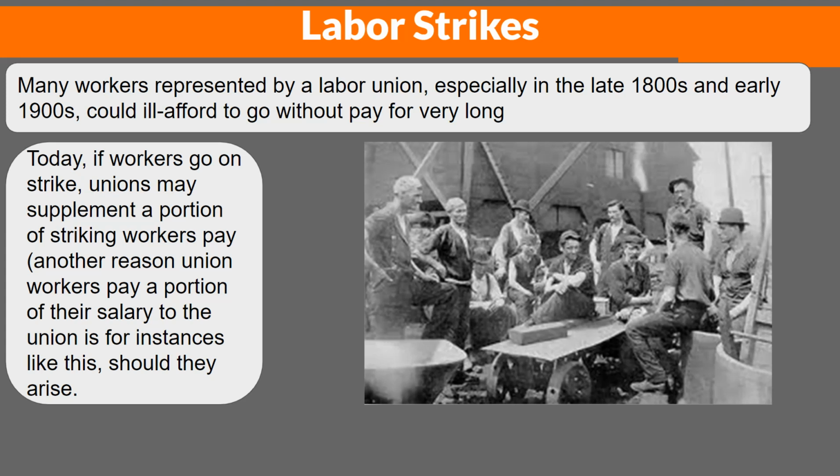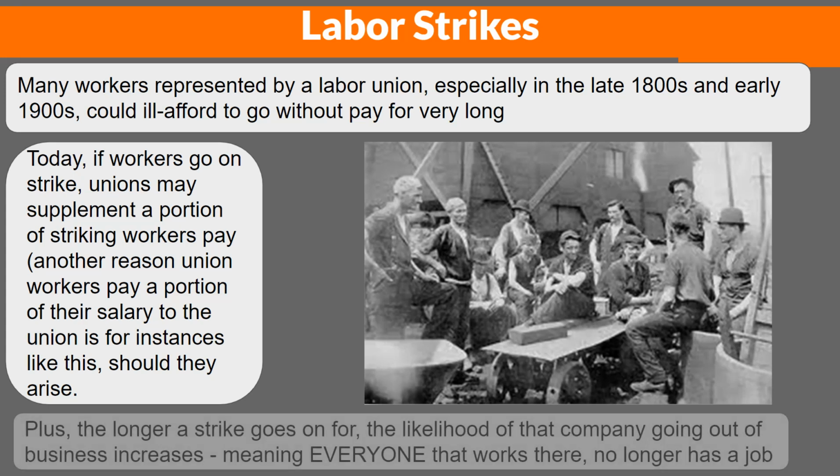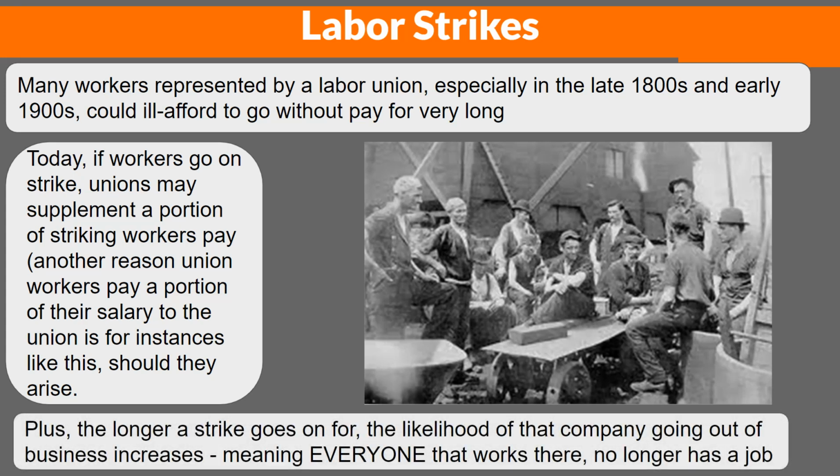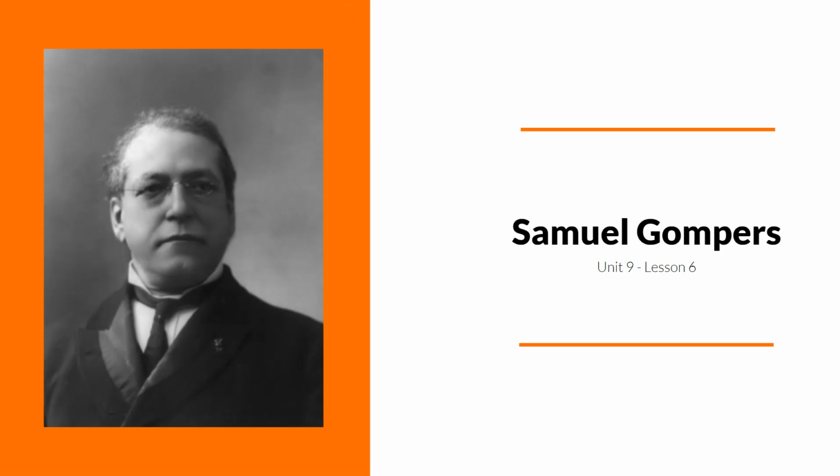And the company knows that the union is still paying them, so it's not hurting the workers that much, and so they better do something if they want to keep making money. Plus, the longer a strike goes on, the likelihood of that company going out of business increases, meaning everyone that worked there no longer has jobs.